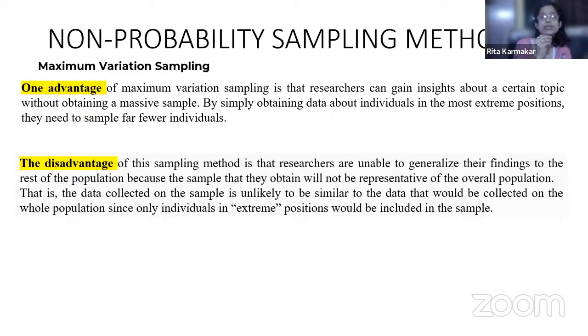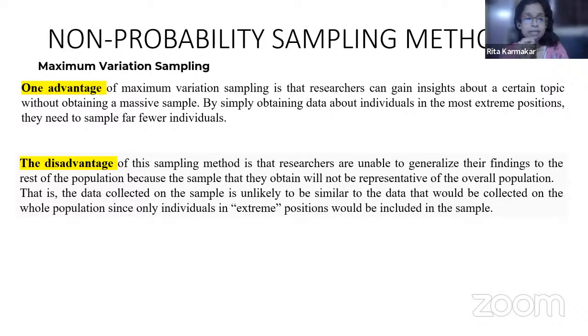Another categorization could be young categories, fan of Shah Rukh Khan, not a fan of Shah Rukh Khan, fan of the theme. Another, old and middle categories, again fan of Shah Rukh Khan, not a fan, maybe like the theme, and so on and so forth. This is very advantageous, and you can do it very quickly, and you are simply studying those who are relevant in this particular sampling method.